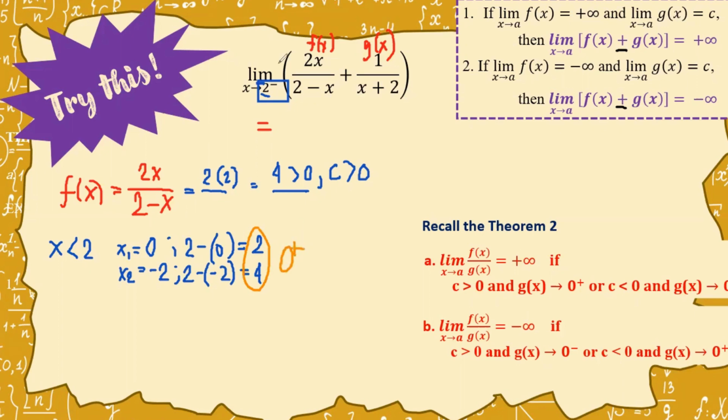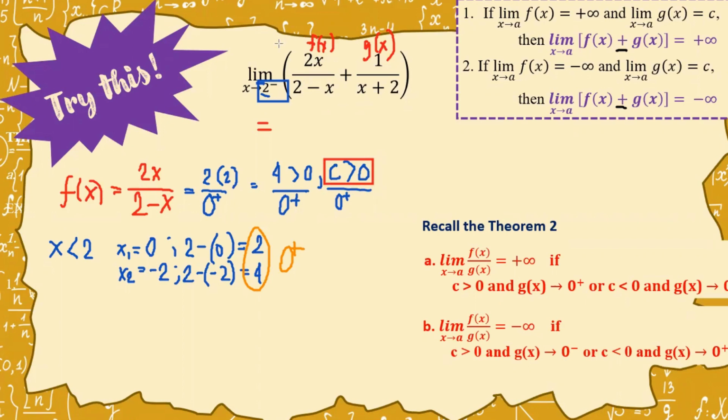So, meaning to say, the value of our g of x here is 0 plus. So, substitute na, ilagay natin yung value dito, 0 plus over 0 plus. Okay, so recall natin ulit yung theorem 2 natin. So, yung C greater than 0, saan yung C greater than 0? We have here C is greater than 0.